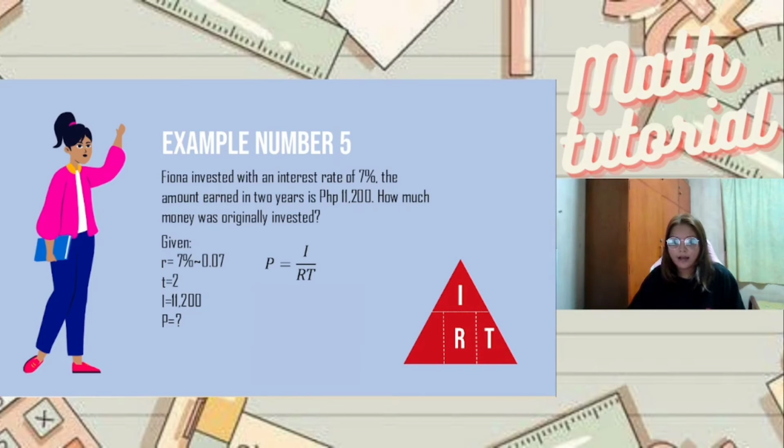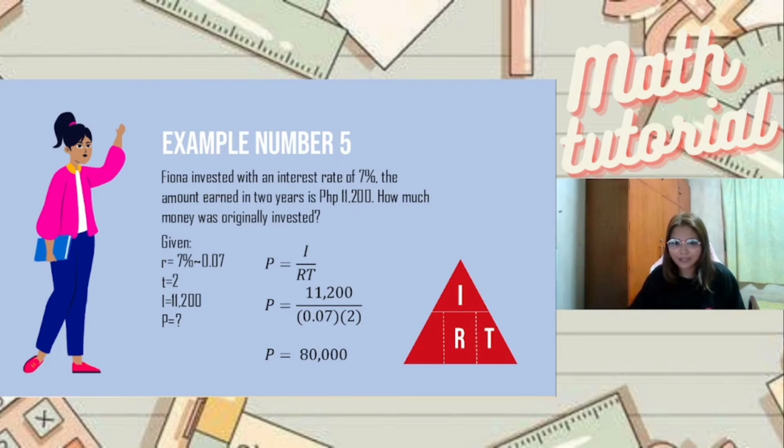So, isa-substitute ulit natin, 11,200 divided by 0.07 times 2. Ang lalabas dun is 80,000 pesos. So, ang in-invest ni Fiona is 80,000 pesos. Sa loob ng 2 years, kumita siya ng 11,200 pesos.